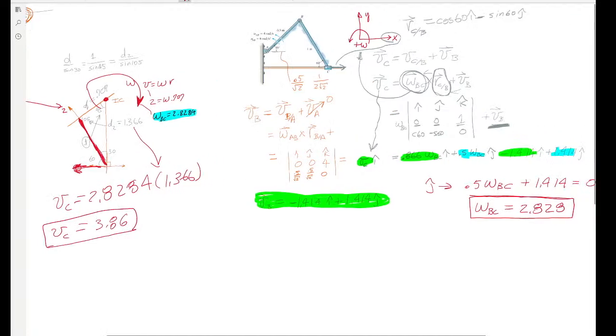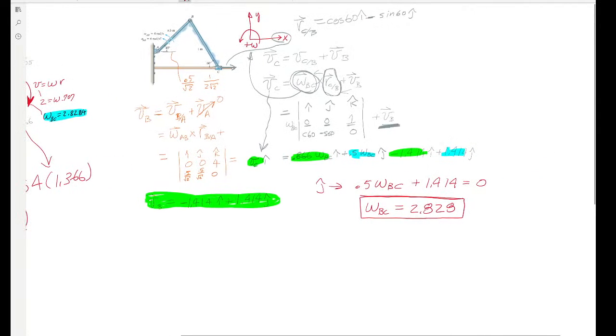And so now we come back and we construct the equation here, and this time I get velocity of C equaling 0.866.